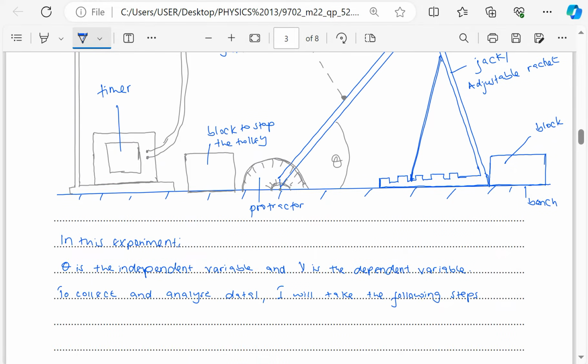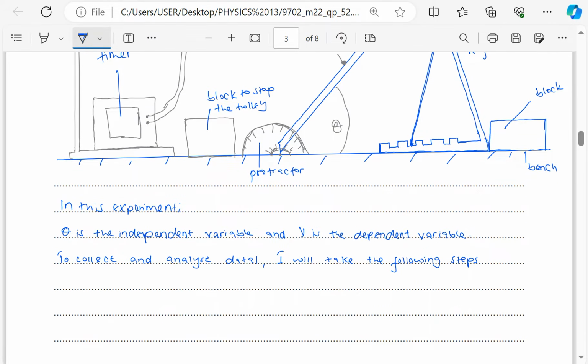Okay. So I'm going to follow the following steps. Let's say step number 1. Step number 1, I will measure D. Of course, this is a distance, so I will use a rule. And mark it on the sheet so that D remains constant, because D is going to be a control value.